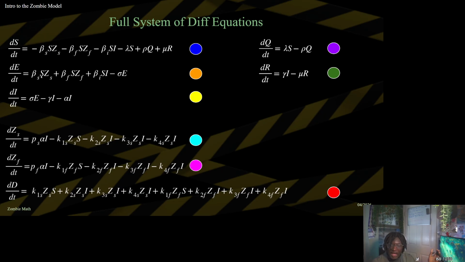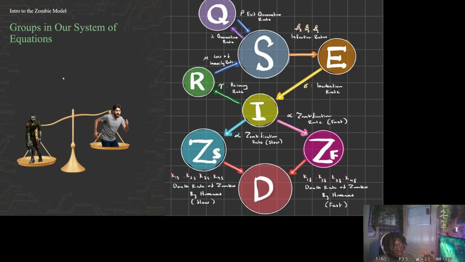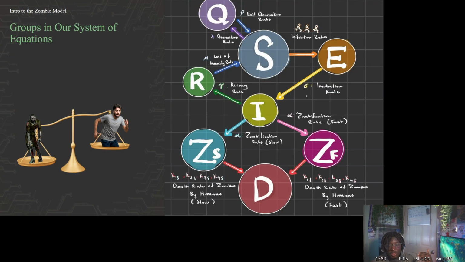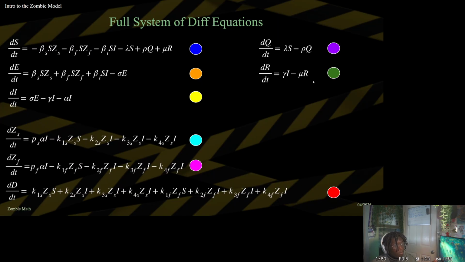You can see these are now added to the exposed group, because it's a susceptible becoming exposed at these rates. And then we have this sigma e term here, which is the incubation rate, the exposed group eventually becoming infectious. The disease virus has progressed enough for them to be able to infect other individuals.